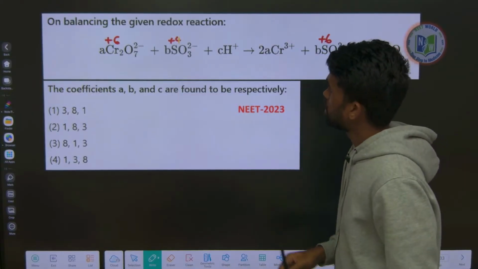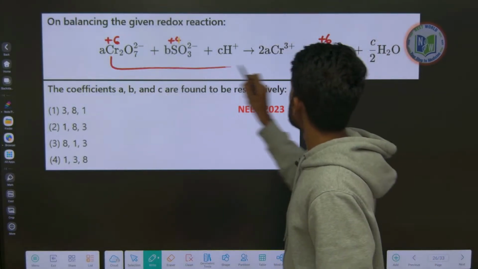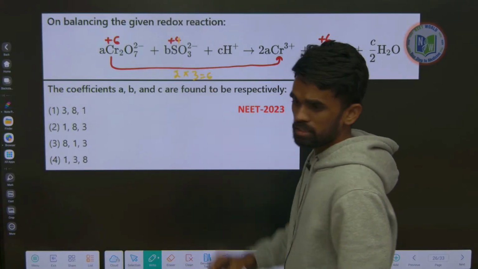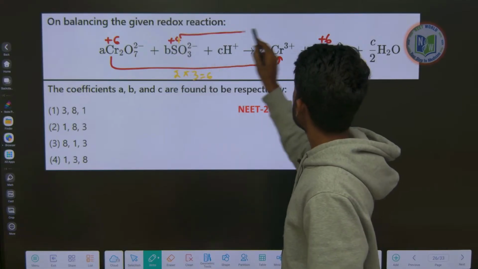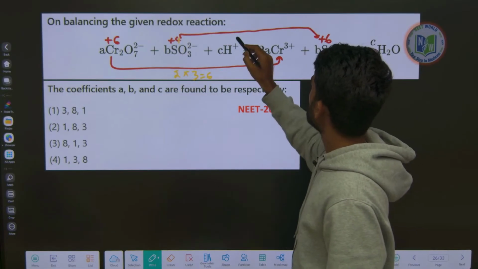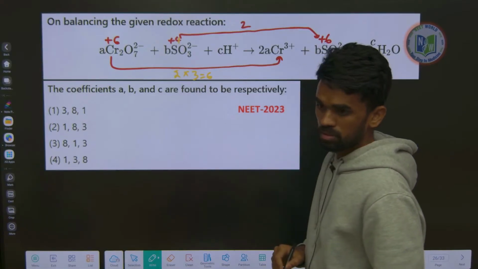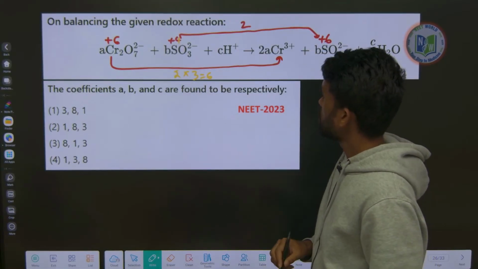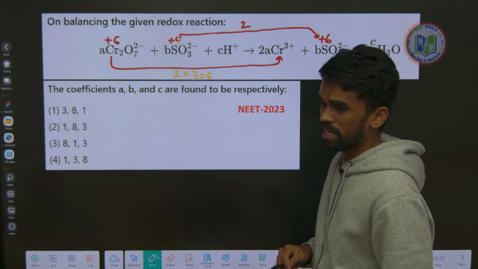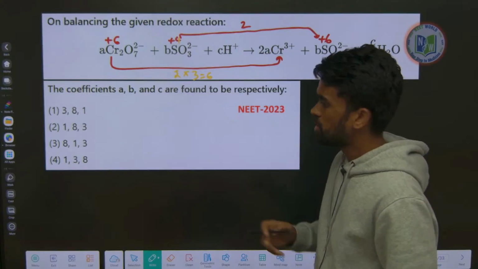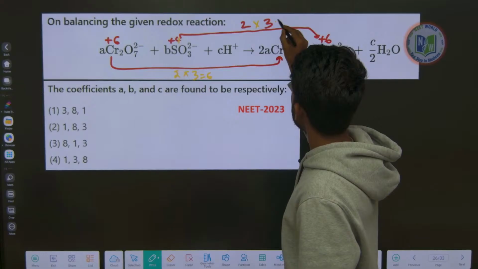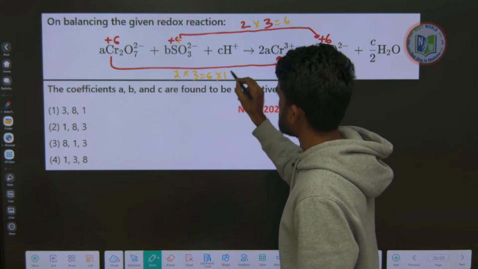Chromium is converting from plus 6 to plus 3, 2 3s are 6, so 6 electrons here. In this case, plus 4 is converting into plus 6, which means 2 electrons. Cross multiply. What is a suitable integer to multiply the equations to get the same number of electrons? I can multiply this equation with 3 so that it becomes 6 electrons, and keep the other as it is.